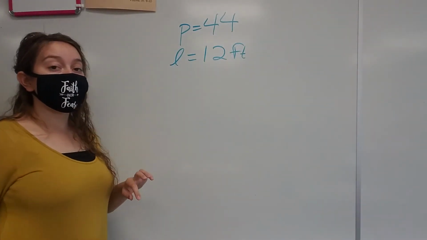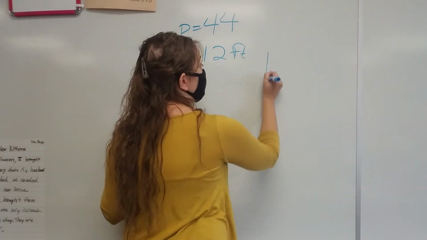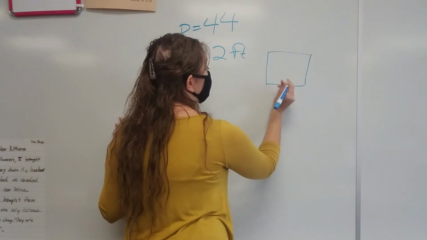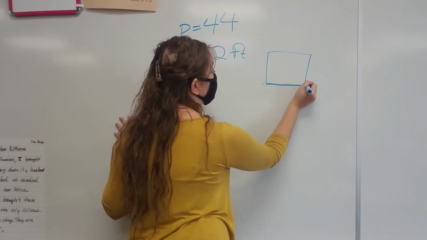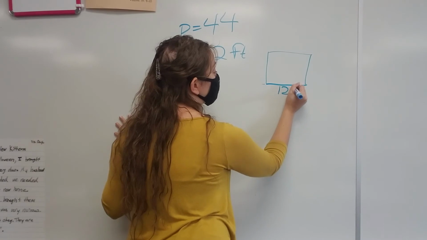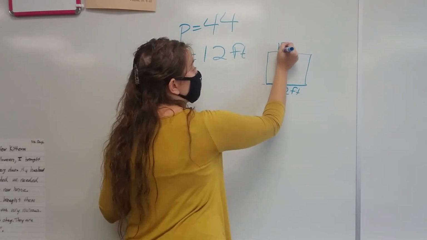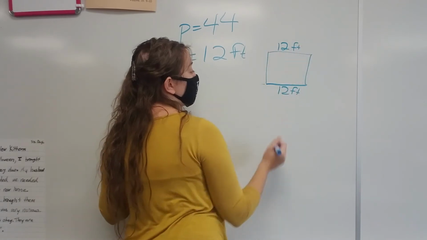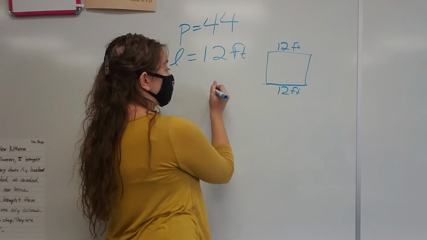So, we already know, everyone look, when we have this shape, it looks kind of like a square, but it's not quite a square, okay? So we know this is 12 feet, which means this is what? 12 feet. Okay, what is 12 plus 12? 24.